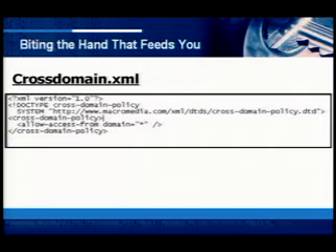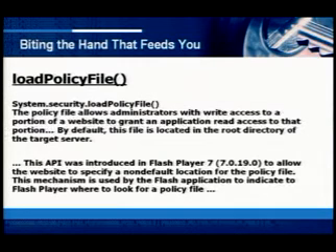Now, typically, cross-domain.xml can only be located in one place, and that's the web root. But if you look at some of the security policies written by Adobe and Macromedia, they have a couple different ways to do it. So if you look at the documentation for something called system.security.loadPolicyFile, it allows administrators of web servers to write the cross-domain.xml file and put it into their web server.